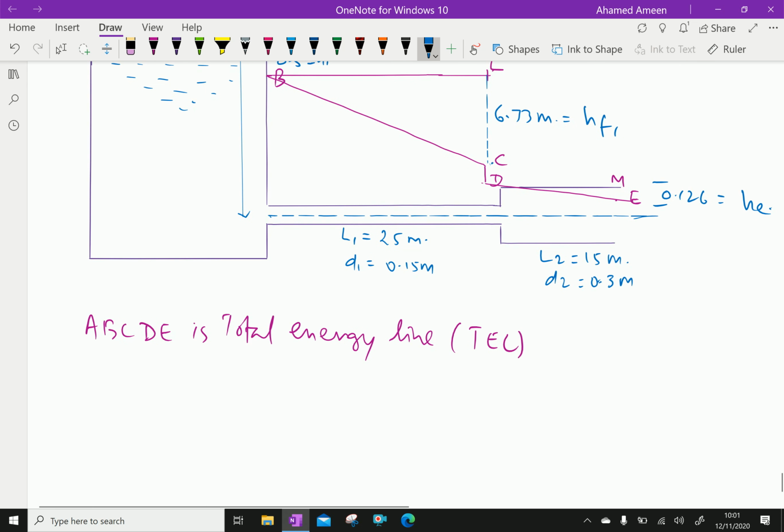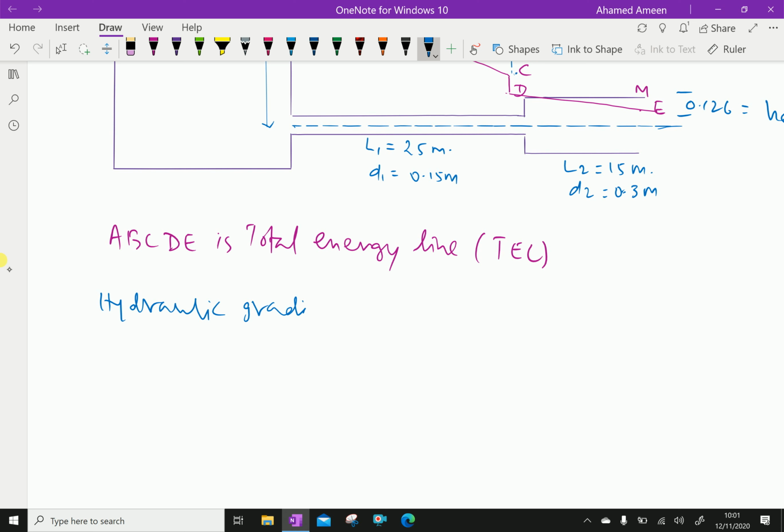Now let us discuss the hydraulic gradient line. Now we will draw the HGL.